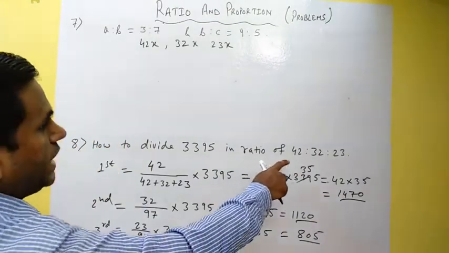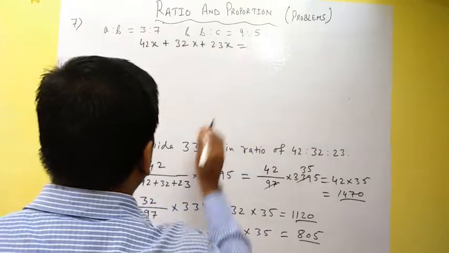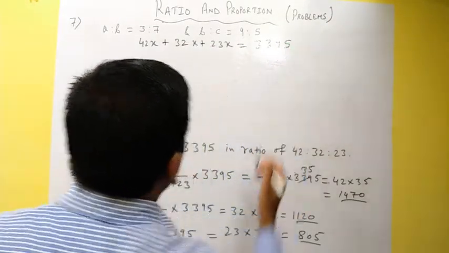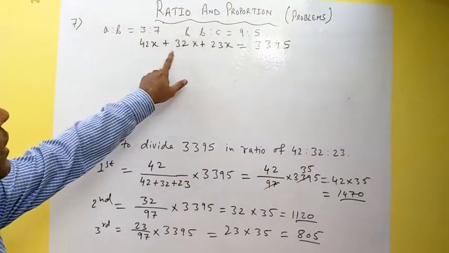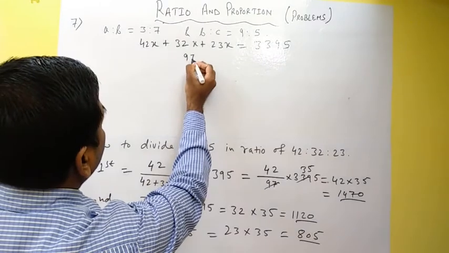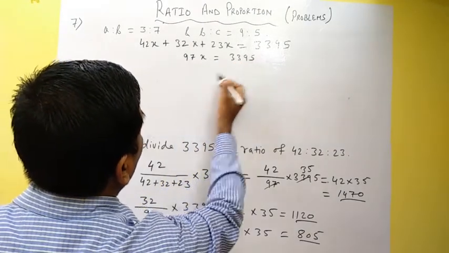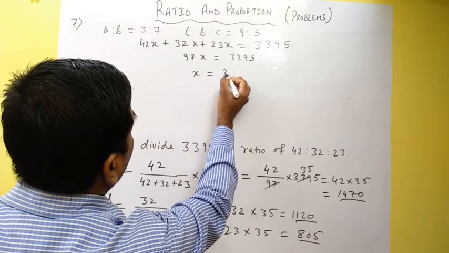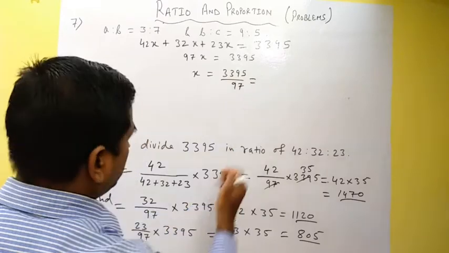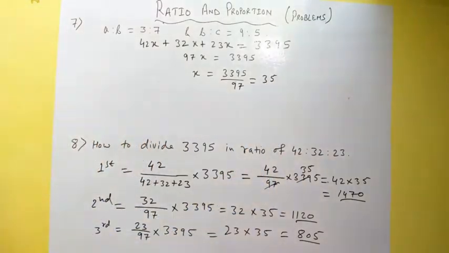So upon adding these numbers, what do we get? We get 3395. Okay. So if you add all this, you will get 97x is equal to 3395, and x is equal to 3395 upon 97, which we have already calculated here. It is 35. So the value of x is 35.